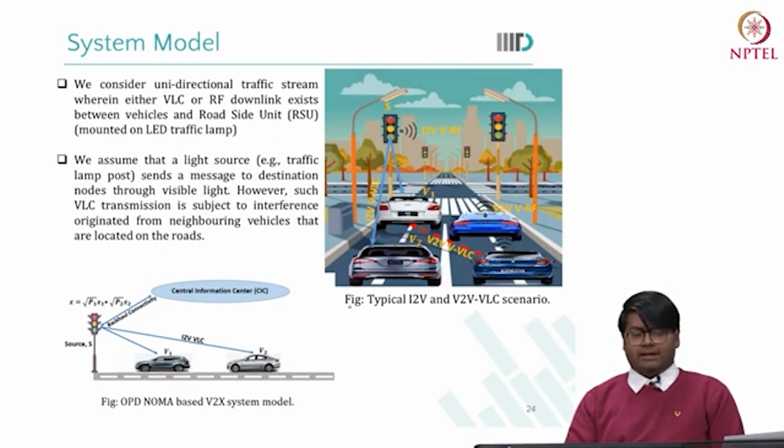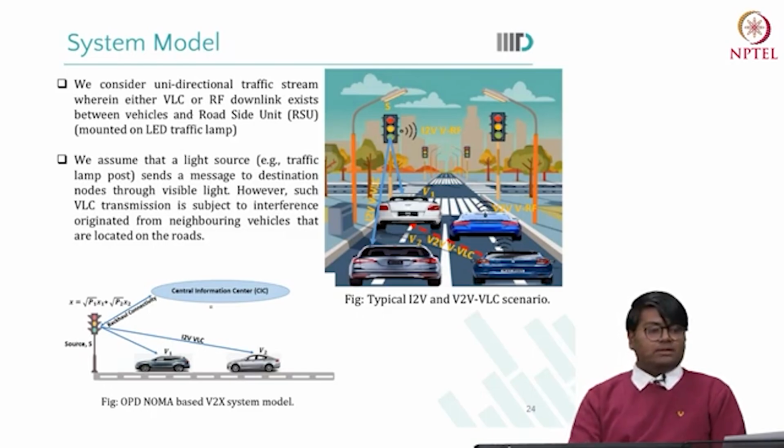At the transmitter side, as shown in this particular figure, the light source transmits the composite signal, which is a superposition of desired optical signals of user pairs with different power allocation. We consider the presence of this central information center, what we call the CIC, that collects and keeps track of some key system information, say for instance the location and speed of each vehicle, road condition or basic safety message dissemination.